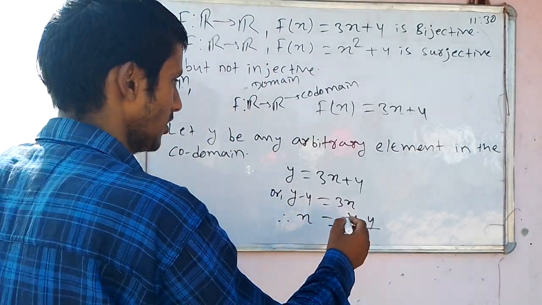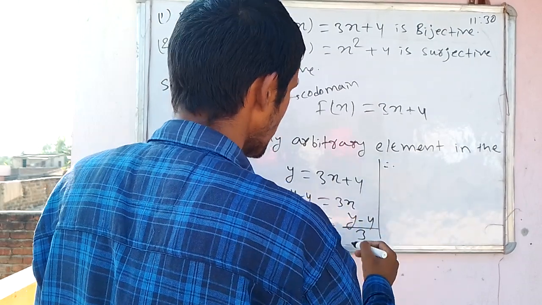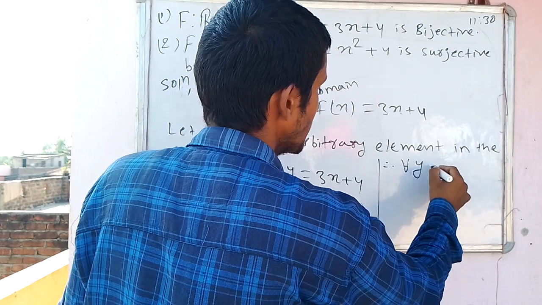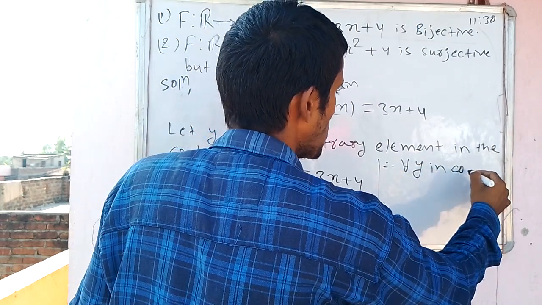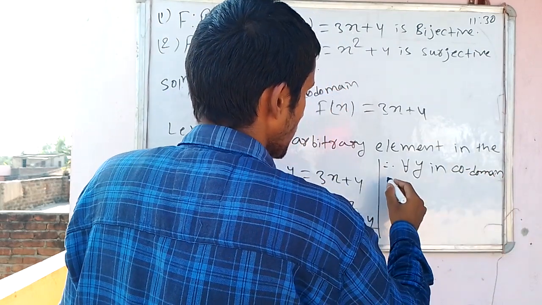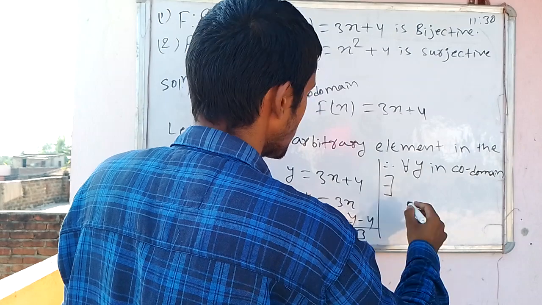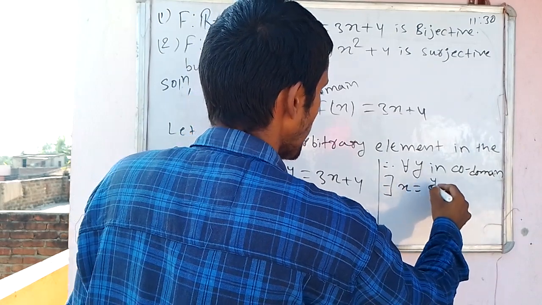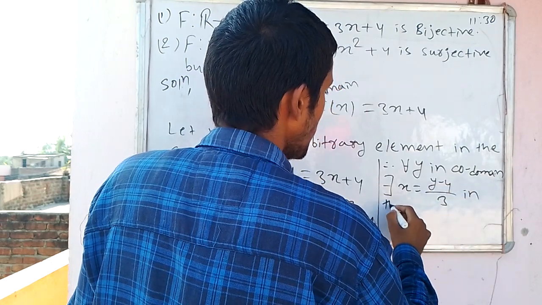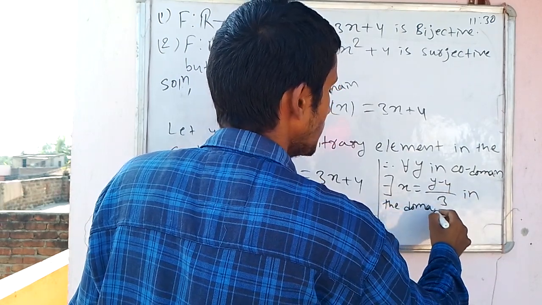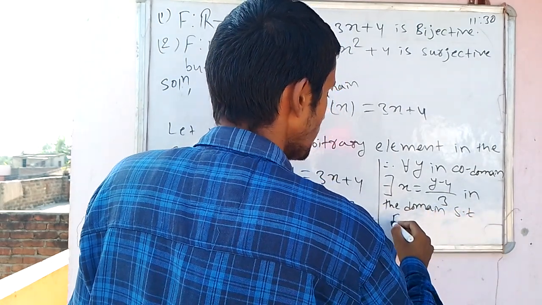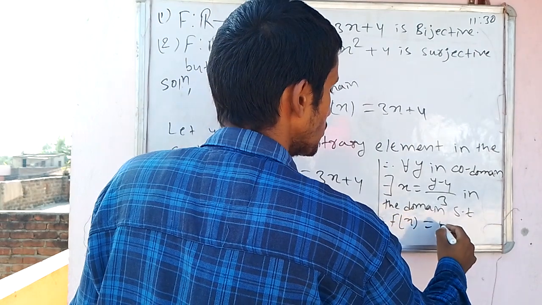So what have you come up with here? For all y in the codomain, there exists x equal to y minus 4 over 3 in the domain, such that f of x is equal to y.